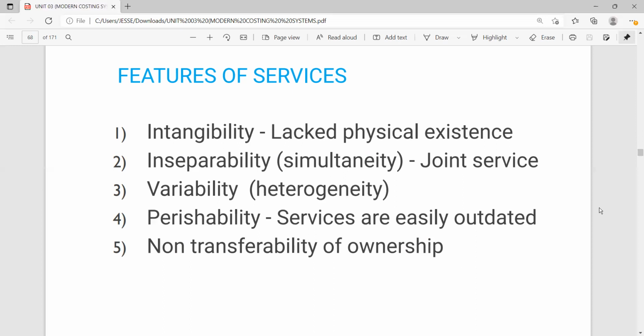You can own and store products, but not services. Because it's linked to the intangibility, perishability, inseparability of services. It's very, very important.